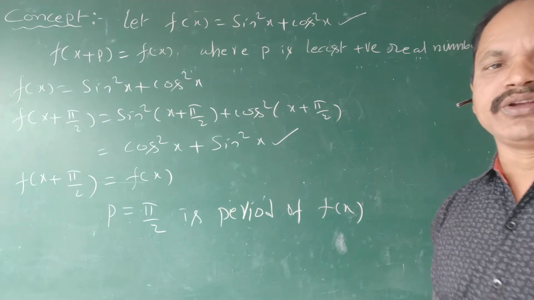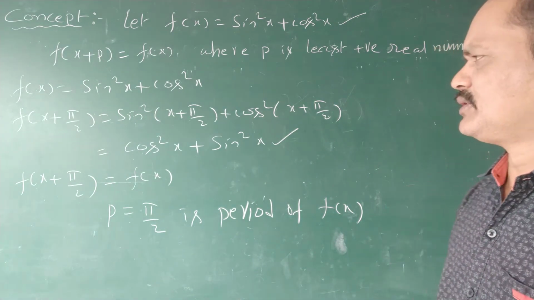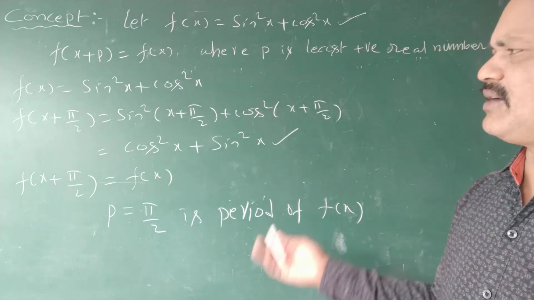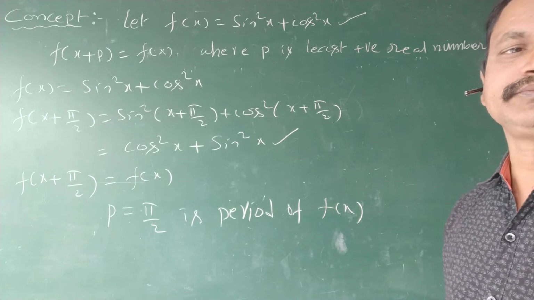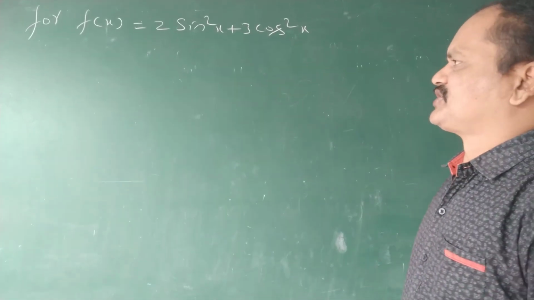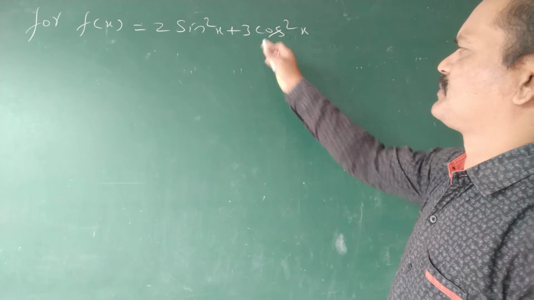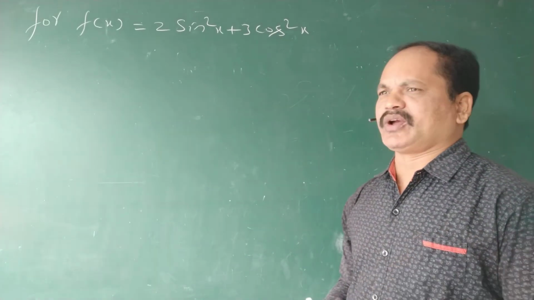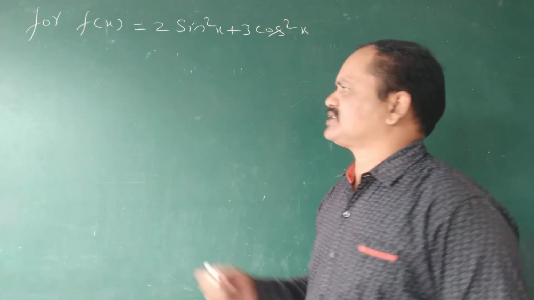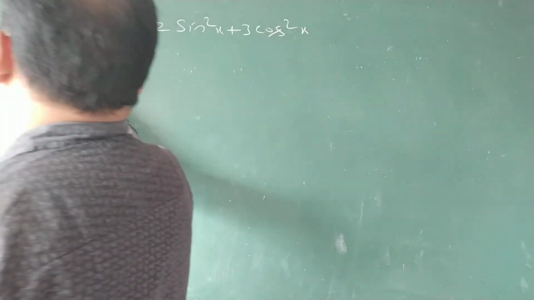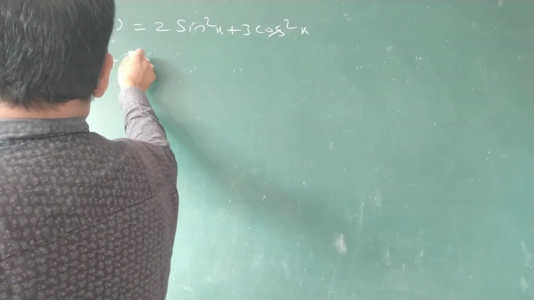Okay, now we are going to another example. For f of x is equal to 2 sin square x plus 3 cos square x, we have to find the period of this function. Suppose we take p as pi by 2.